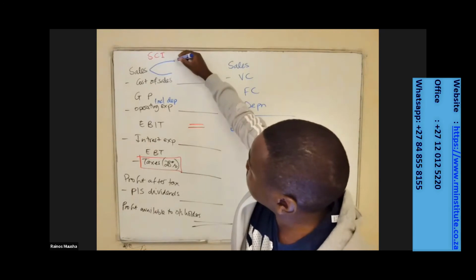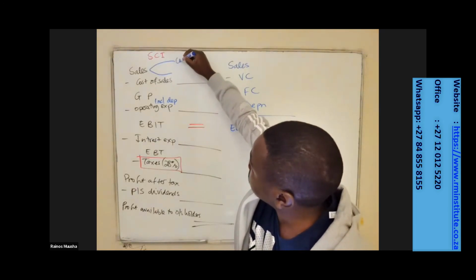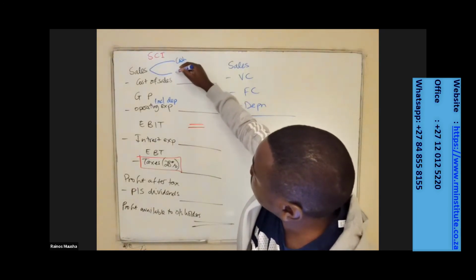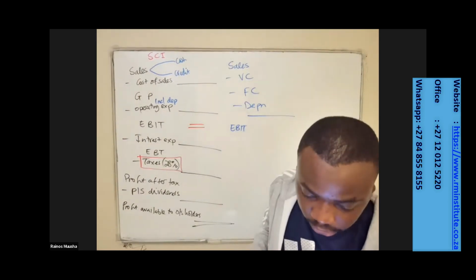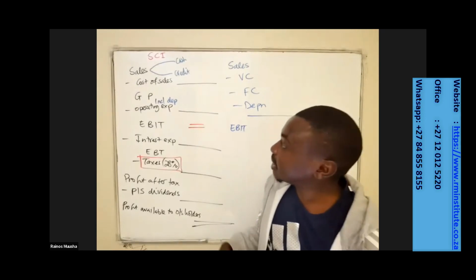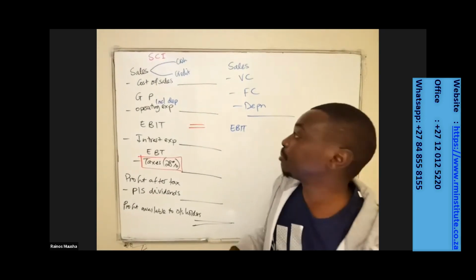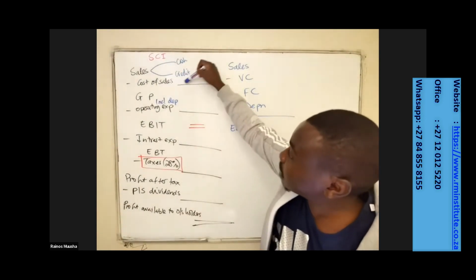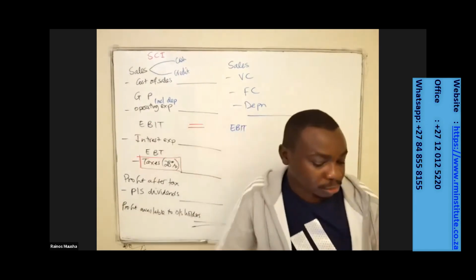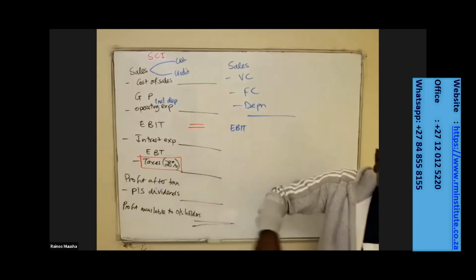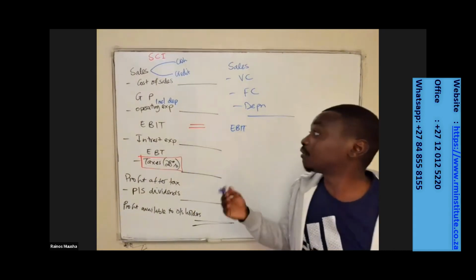Some of your sales are on cash, and some are on credit. A company might appear highly profitable when it sells a lot of its goods on credit, telling customers, for example, to pay us after 6 months or after 1 year or after whatever period of time.